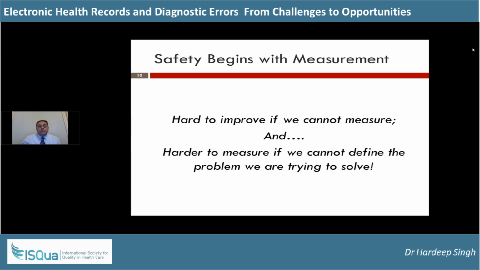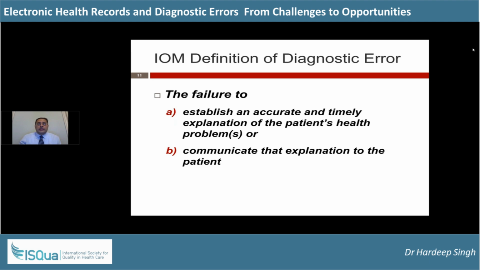Now, what the Institute of Medicine report did was it came up with a definition of diagnostic error, which is written here, and they say the failure to establish an accurate and timely explanation of the patient's health problem or communicate that explanation to the patient. Now, if you look at this definition, you will realize there's an or in the middle of those two, the A and the B, which really means you could have either one of these two for it to be a diagnostic error.